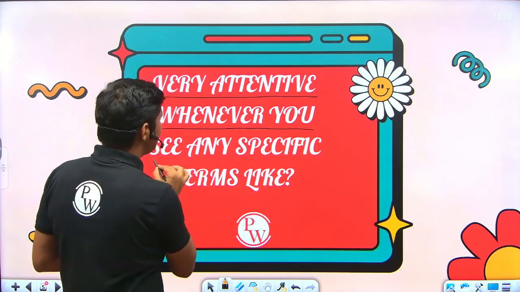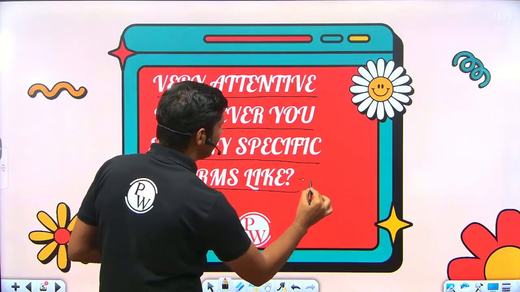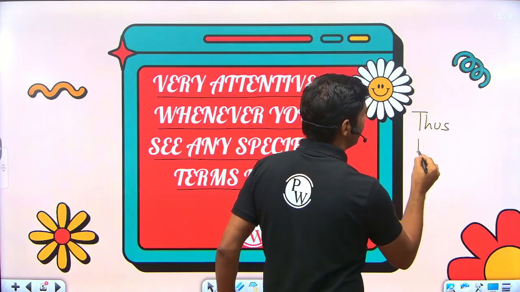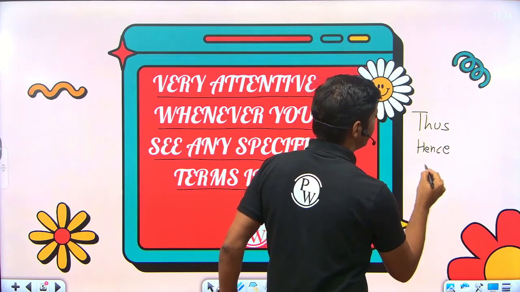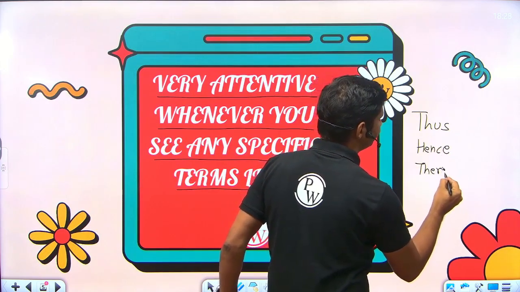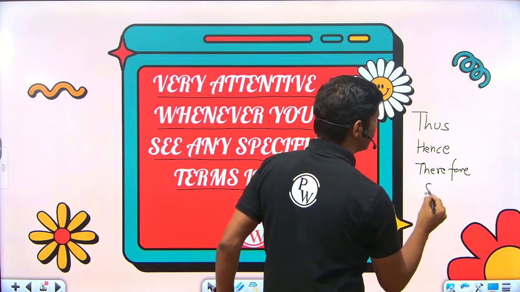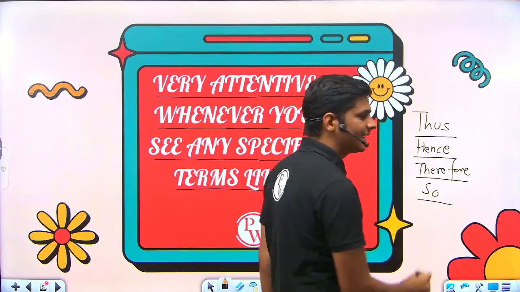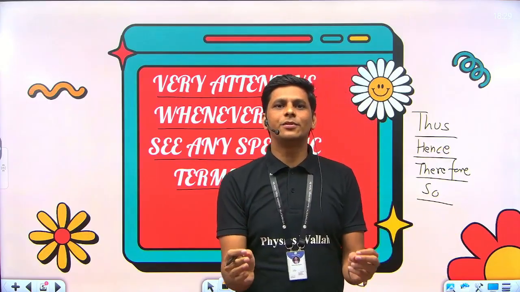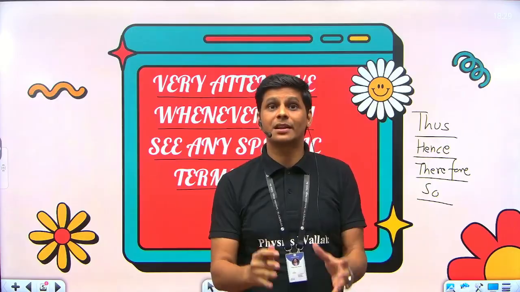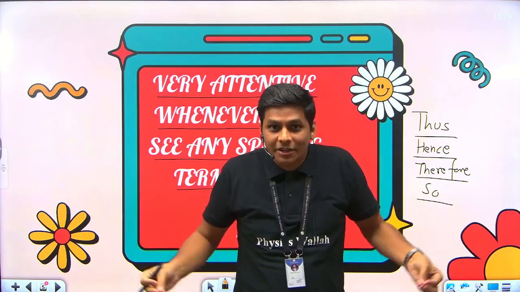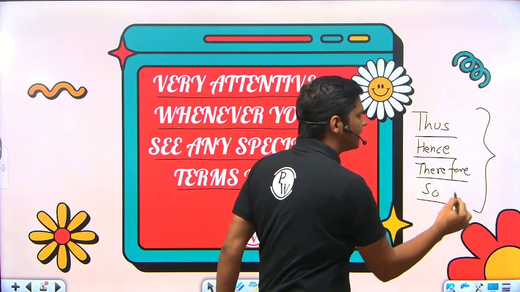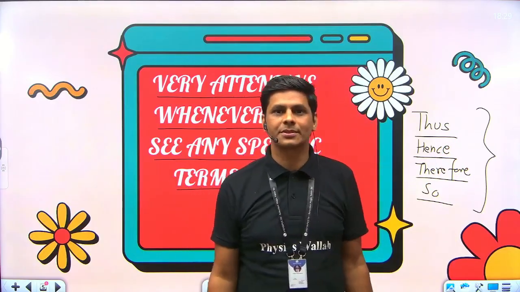Whenever you see any specific term like thus, hence, therefore, whenever you notice such terms, it means that paragraph is trying to give you a conclusive statement. That paragraph is giving a consolidation report, right? You have to be very, very attentive the moment you notice such terms, right?